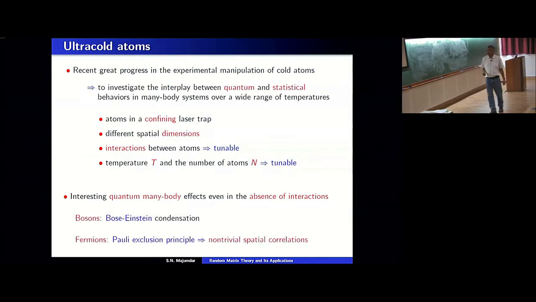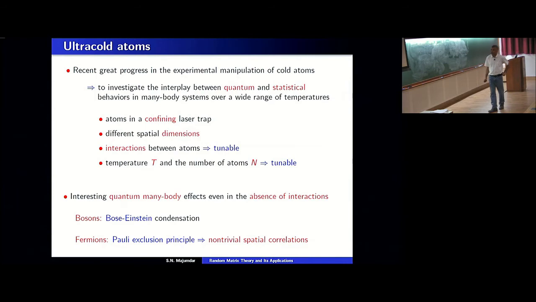For instance, if you have bosons, you can have Bose-Einstein condensation, which means that a lot of bosons might condense onto the ground state. Or if you have fermions, there is the Pauli exclusion principle, which tells you that 2 fermions cannot sit in the same state. So these constraints give rise to non-trivial spatial correlations between these atoms, even in the absence of interaction, just from quantum statistical effects.